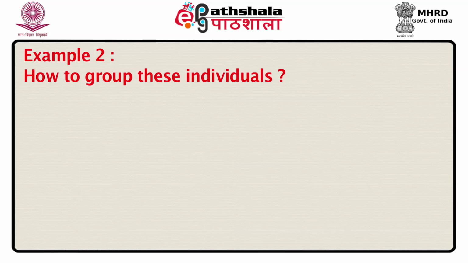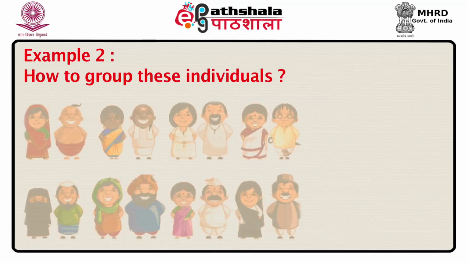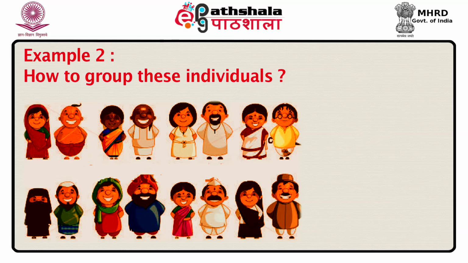Another example is, look at these couples here. We have 8 couples here, so there are 16 members. Now suppose you invite them for dinner and you have 4 tables. So how to arrange these individuals at the different dinner tables? Should you have the ladies in 1 or 2 tables, the gentlemen in the other 2 tables?